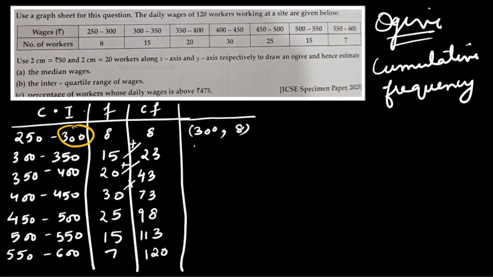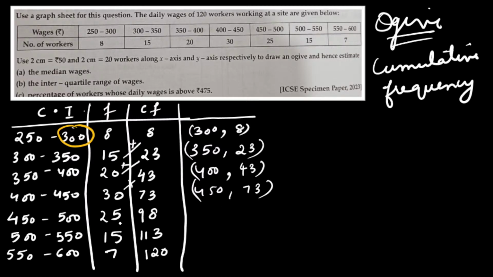Then same way, the next one is 350, 23. Then we have 400. So only upper limits I am writing, and cumulative frequency. So 400, 43. Then we have 450, 73. 500, 98. 550, 113, and 600, 120.